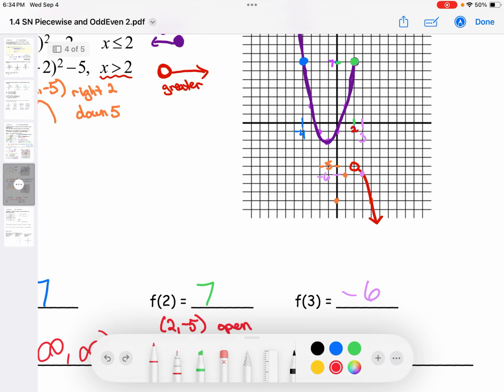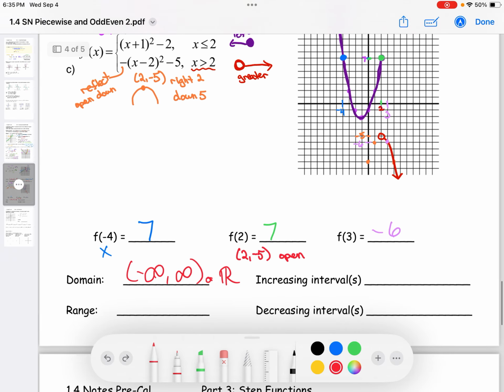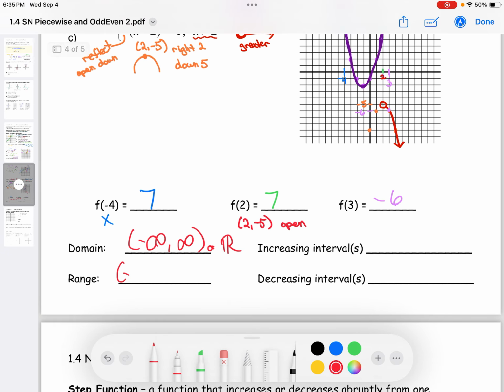So that range, bottom to top, does start at negative infinity, but it tops out at the vertex, which has a y value of negative 5. Then it starts over again at the vertex of the other function, which is at negative 2. And from there, it does go up to positive infinity.